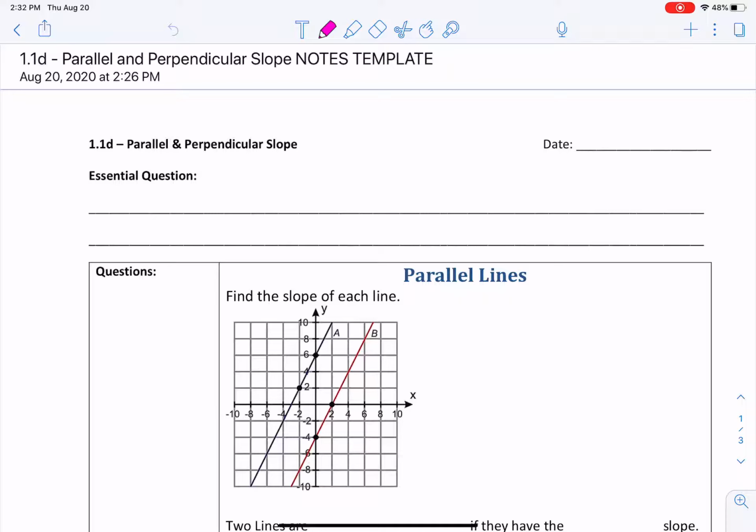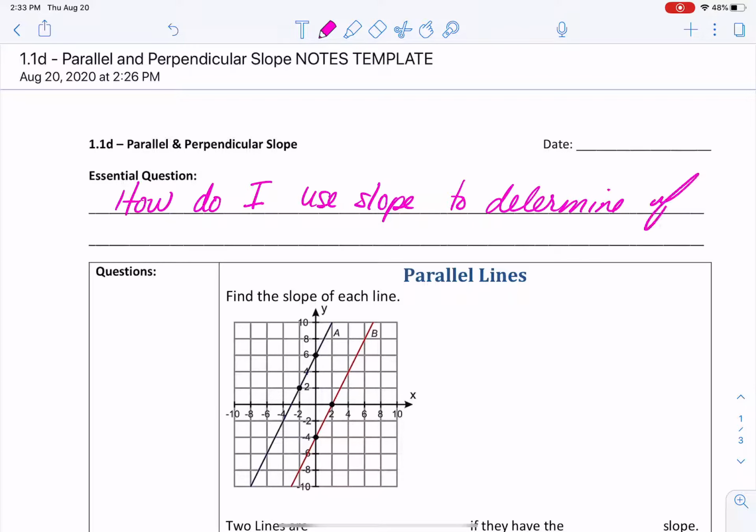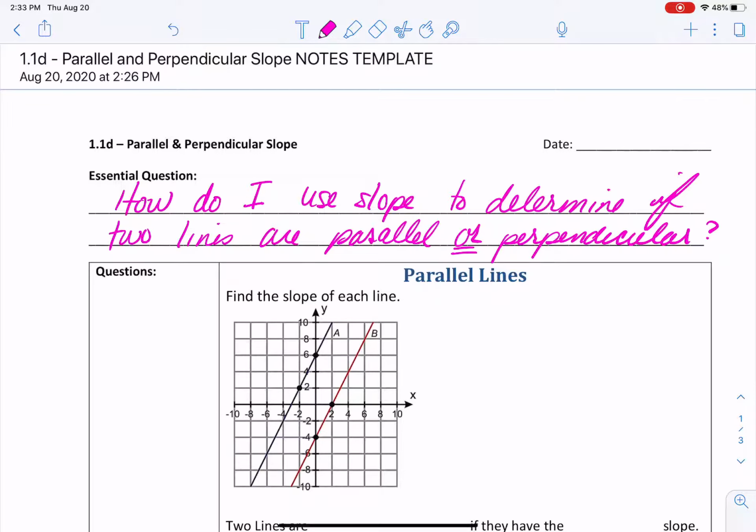So our essential question, or what we're trying to discover today, is how do I use slope to determine if two lines are parallel or perpendicular. So we're going to look at slope, we're going to compare them, and then by looking at the two slope numbers, we'll be able to tell what that is.